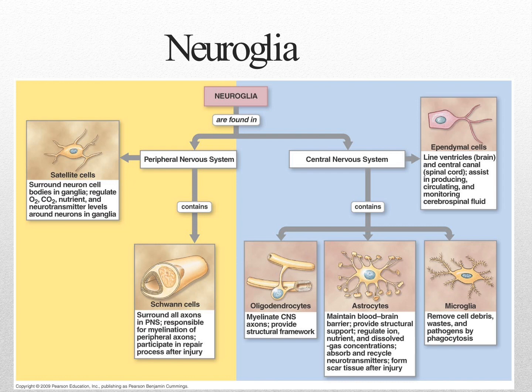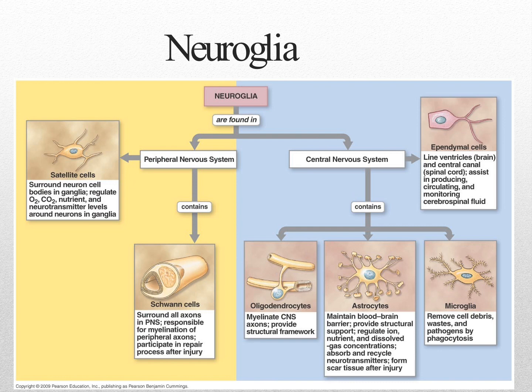This is a cohort to the satellite cell in the peripheral nervous system, just like the satellite cell. The other thing it does is form scar tissue after injury.